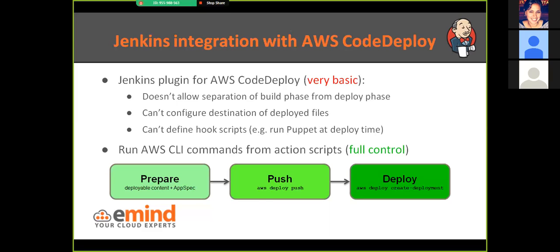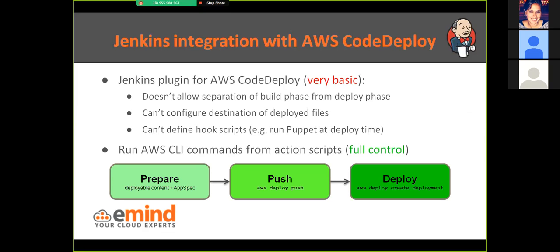You can't really configure the destination of the deployed files. It uses the same path as where the content is found on the build machine, and finally, there is no way to define hook scripts. And this was of big importance for us in order to run Puppet at deploy time.